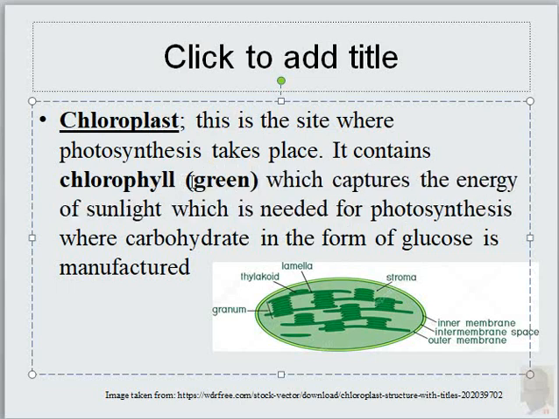Right, so the chlorophyll is a green pigment, and that pigment captures sunlight energy, and that energy is needed for the manufacturing of food. They make glucose and then store it as starch. So that's why you find starch granules within the plant cell as well. So the chlorophyll is important because it makes food.